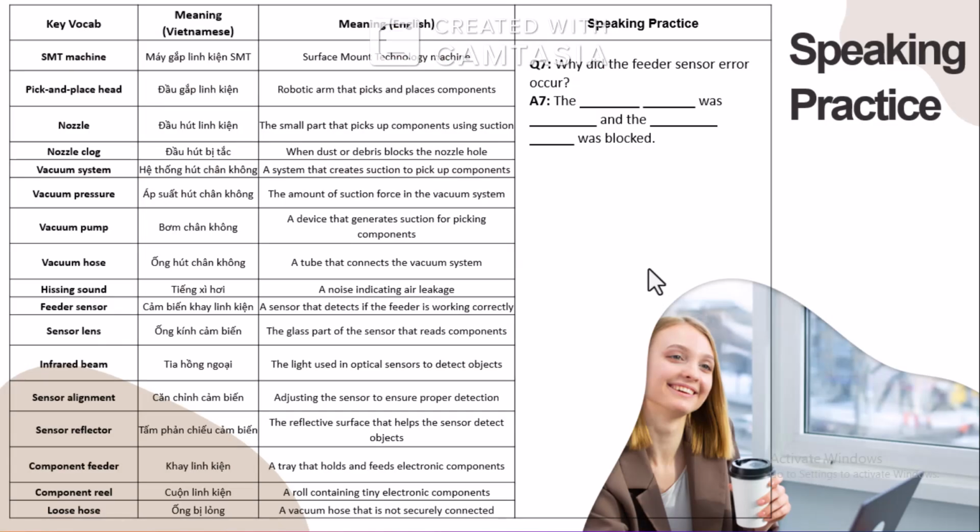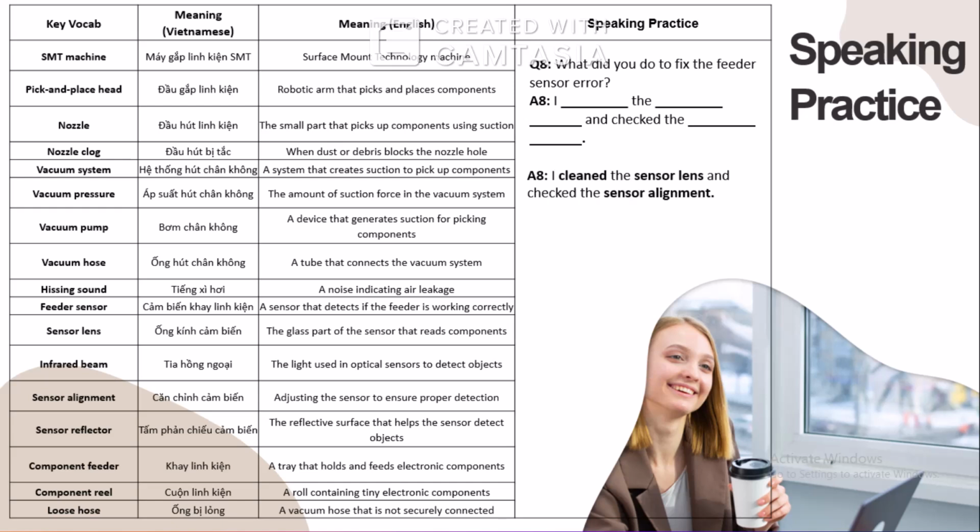Why did the feeder sensor error occur? The sensor lens was dirty and the infrared beam was blocked. What did you do to fix the feeder sensor error? I cleaned the sensor lens and checked the sensor alignment.